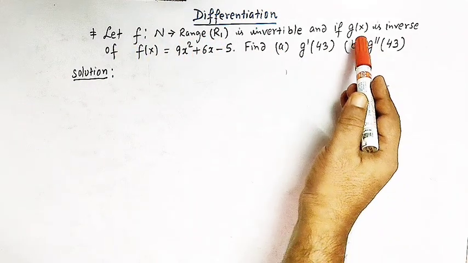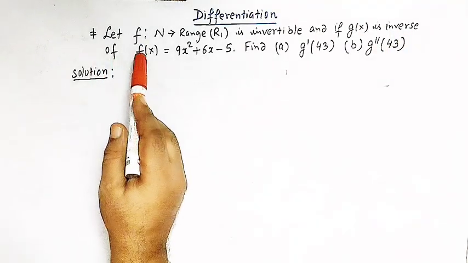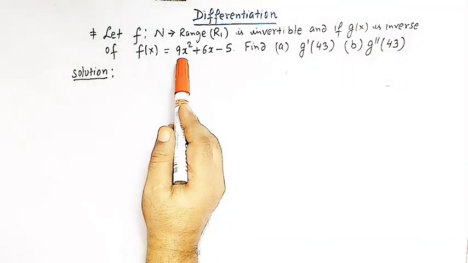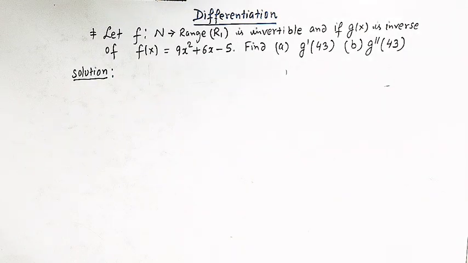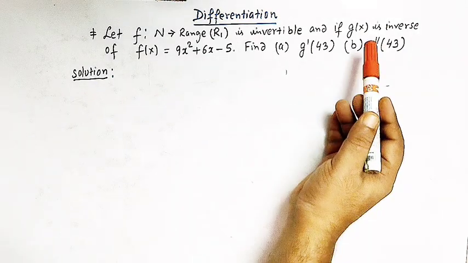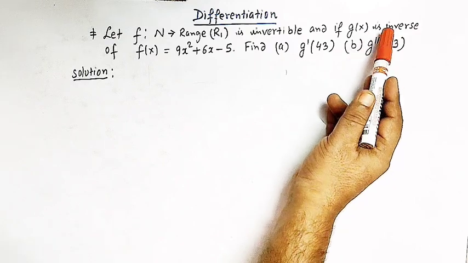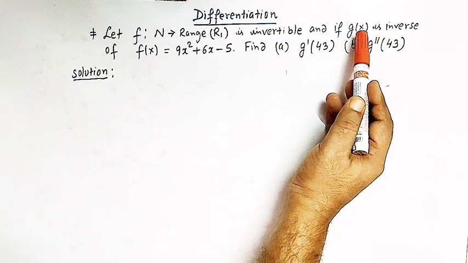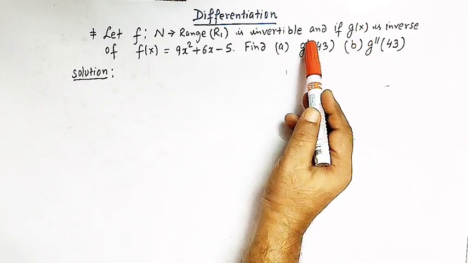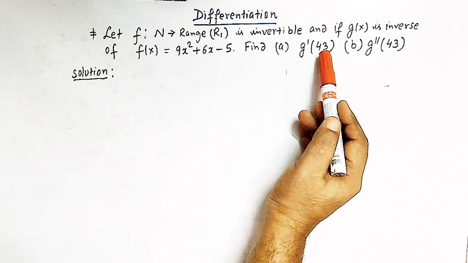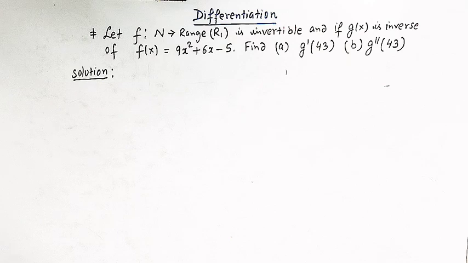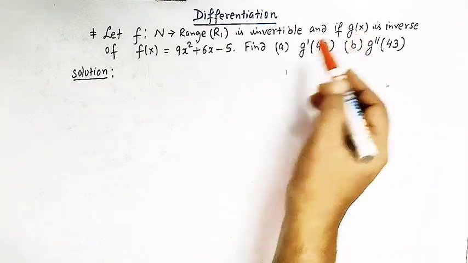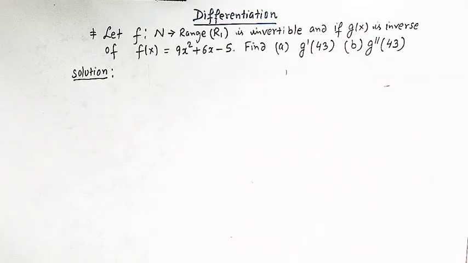If g of x is the inverse of this function f of x, which is equal to 9x square plus 6x minus 5, then we have to find the derivative of the inverse function, that is g of x. So we have to find g prime of 43 and g double prime of 43, where g of x is the inverse of the given function f.